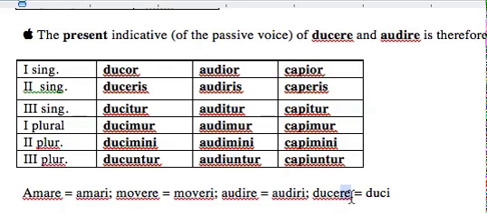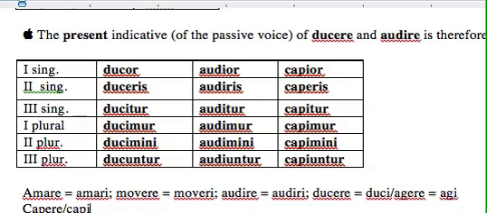Basically, you cut the RE of the infinitive before changing the E into I. Another example, from agere, you have agi. Same thing for capere, you have capi.